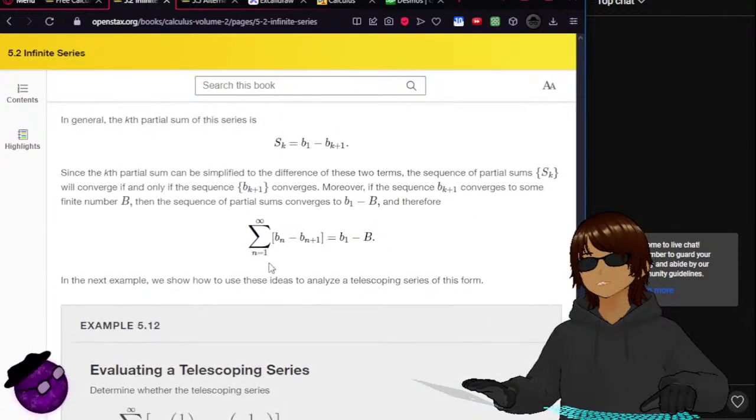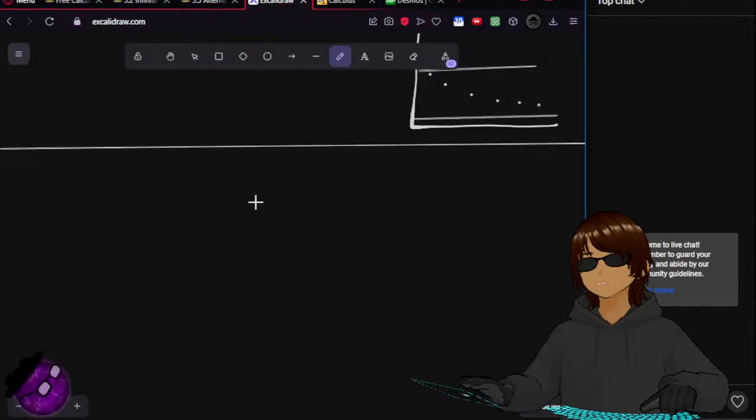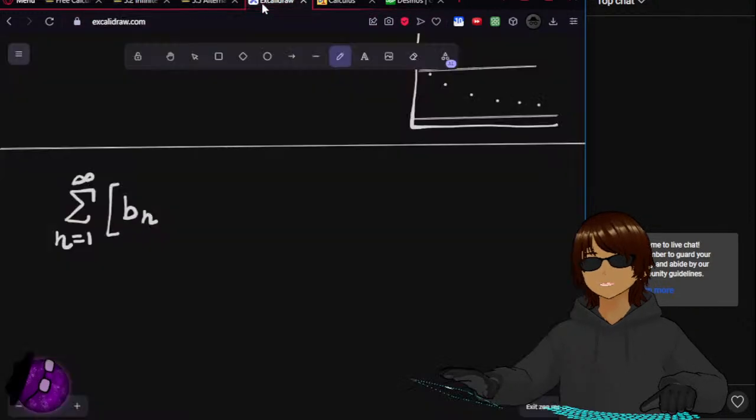So, a telescoping series is like the sum from n equals 1 to infinity of b n minus b n plus 1.